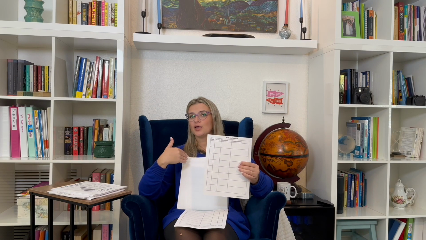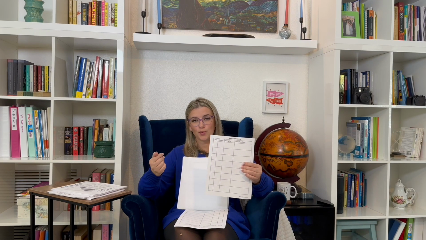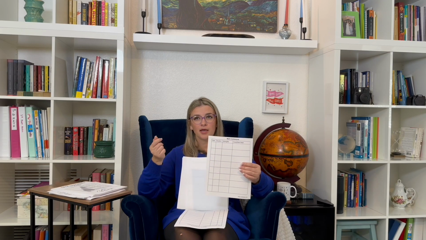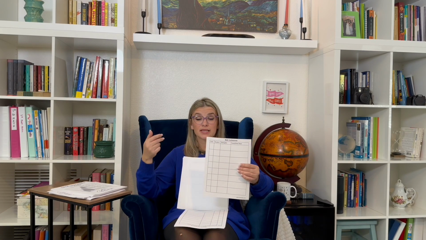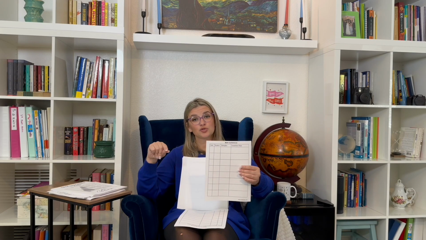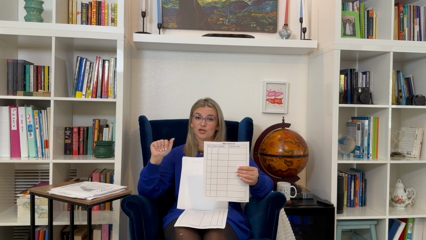But it's always a good idea to have a one-on-one conversation with your students and discuss their strengths and their next steps. And maybe this is the time you want to discuss their scores as well. And then they can keep track in their own data folders or data binders on their conference sheet as well.